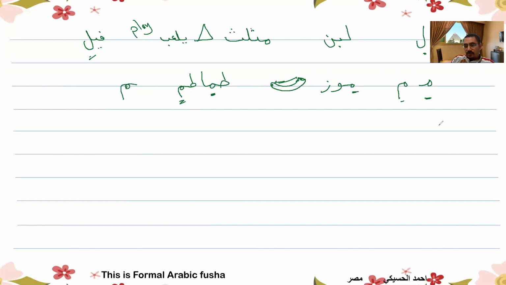Noon has a curve. Noon has a dot and a curve. In the first, as in tiger, namir. In the first, nahr, river Nile.